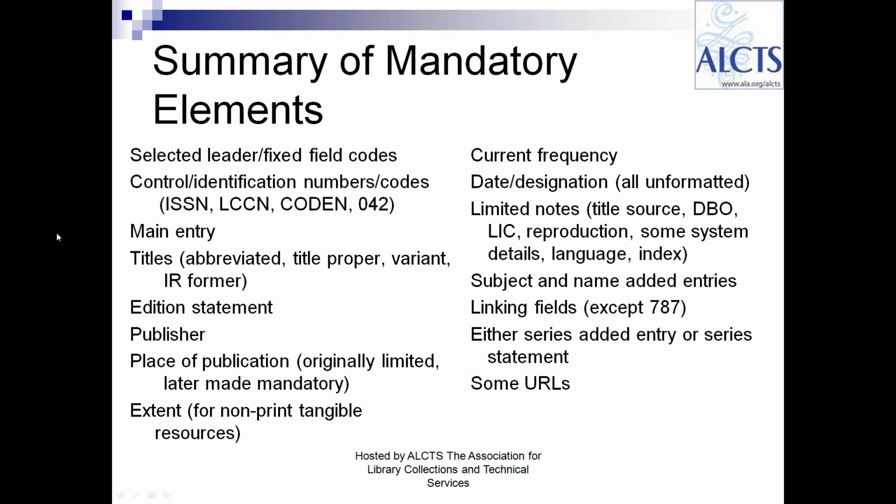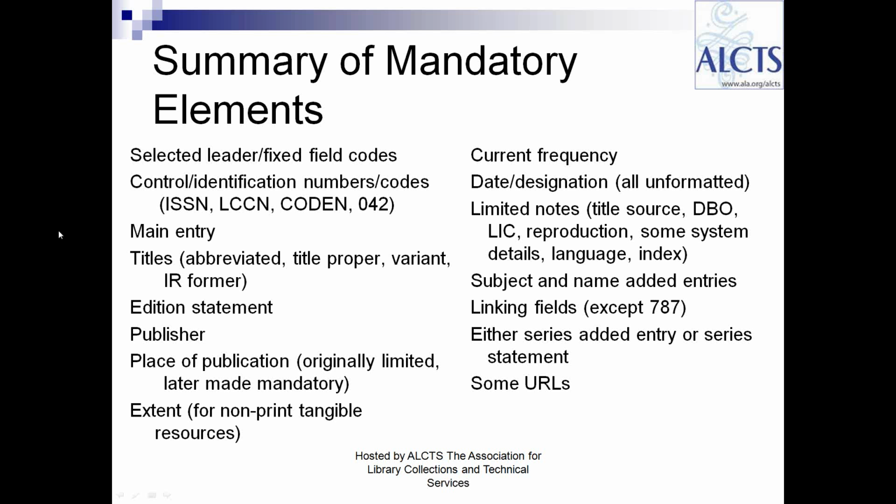So oftentimes users would think that the 362 was what that library held. So that's the reason that it says all unformatted there. So we made some decisions about what the formatting of a 362 would look like.